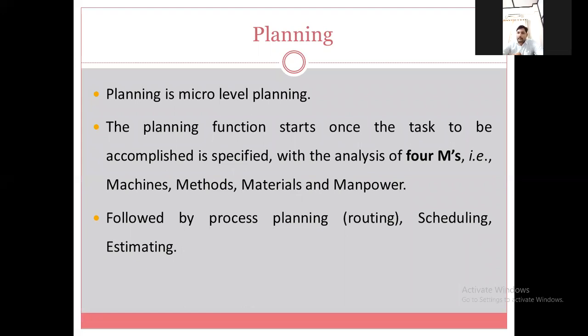Then next, planning. In that you can write planning is micro level planning.